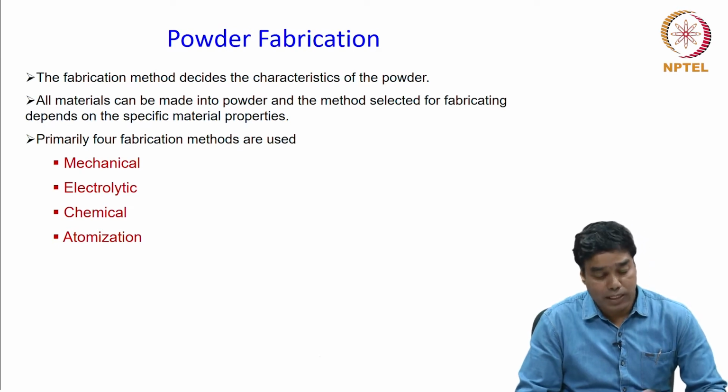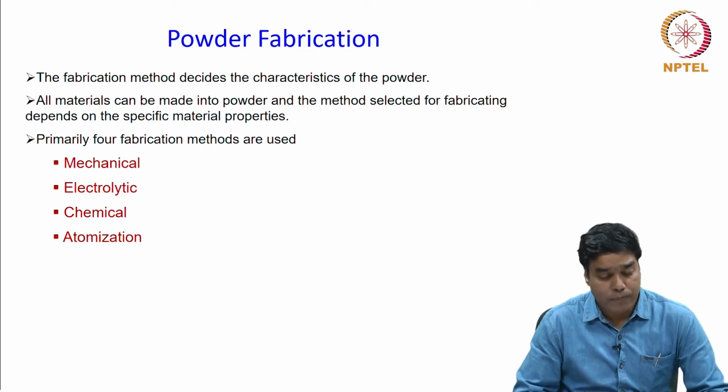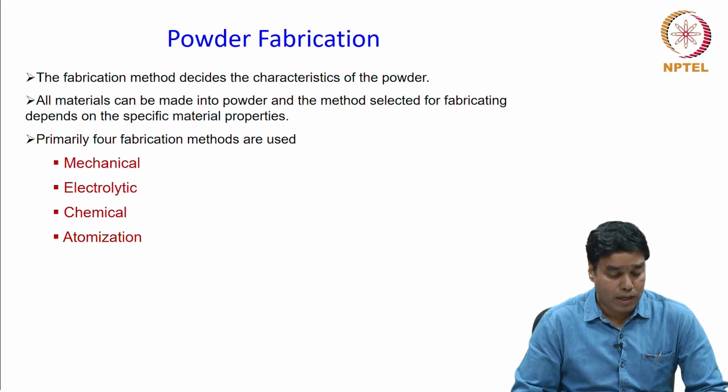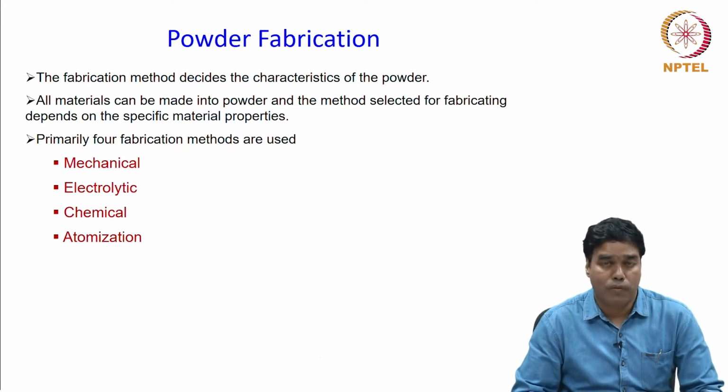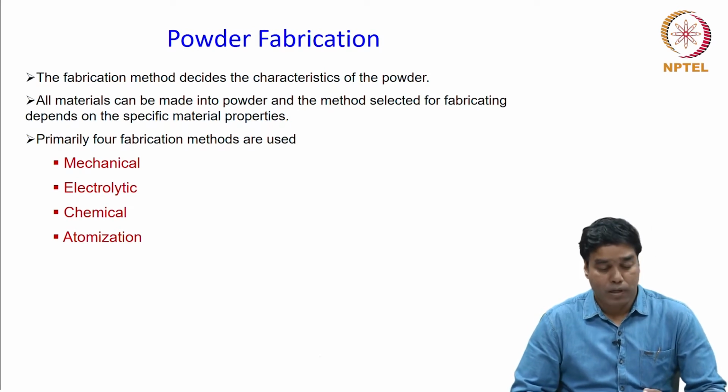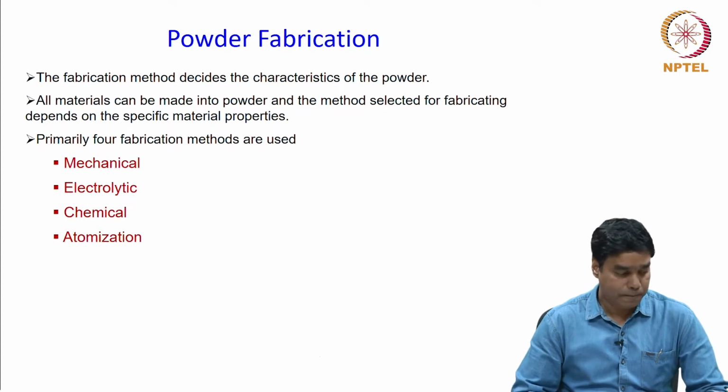So, we are going to take each of these individually one by one and talk about them in more detail, and you will also see in some of these categories there are several other processes, different types of processes that can be grouped into one particular type of fabrication method. Okay. So, all this we are going to discuss in detail in today's class.